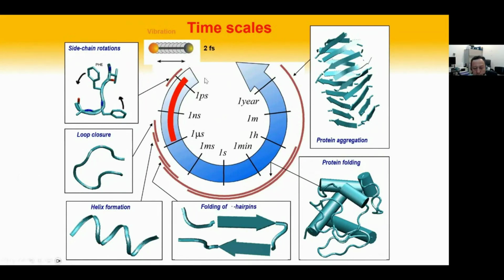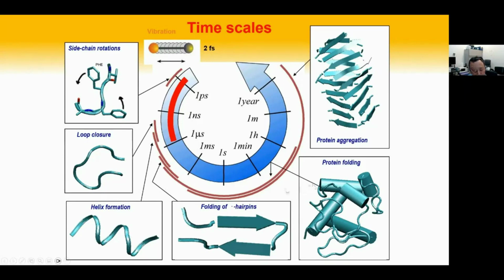Okay, and then in the real folding process, there are different time scales. For the rotation of the side chain, it's probably picosecond. For some loop closure, it needs nanosecond. For helix formation, it's about 100 nanoseconds. For the hairpin, you probably need a microsecond.